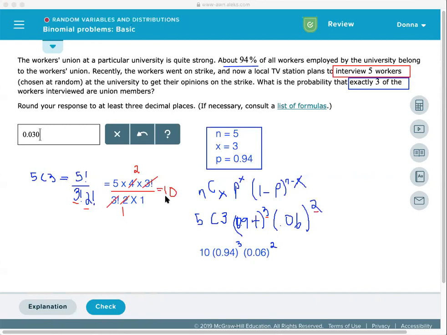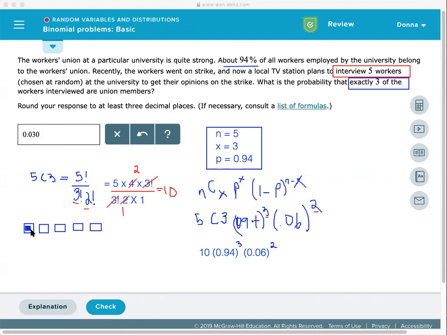What they're really saying is that there's 10 different ways that you can have exactly 3 people that are union workers out of 5. So let me just give you a visual of that. So I'm going to draw 5 boxes, and they're going to be little blue boxes. So 1, 2, 3, 4, 5. If 3 of them are union workers, then this is what it's going to look like.